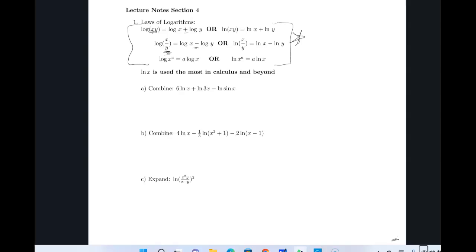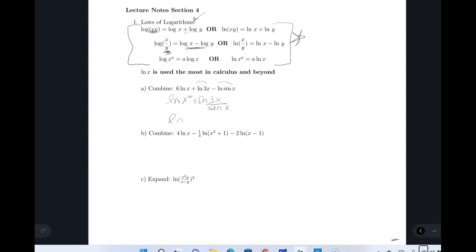So let's see. If I want to combine this into one ln, I'll take that 6 in front and put it up as a power. This ln of 3x, I'm just going to leave as it is. And this, because there are two ln subtracted, I'm going to use this property here and put this inside with the division. Okay, so now I've got two ln's added, so I'm going to use this property and multiply them.